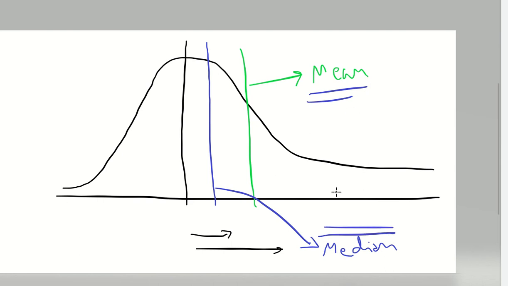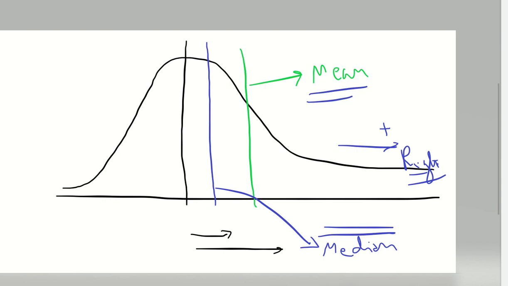So whenever you have a positively skewed data, positively because this is the positive side, skewed to the right, meaning you have presence of extreme large values, the mean is going to be larger than the median. And the opposite is true.